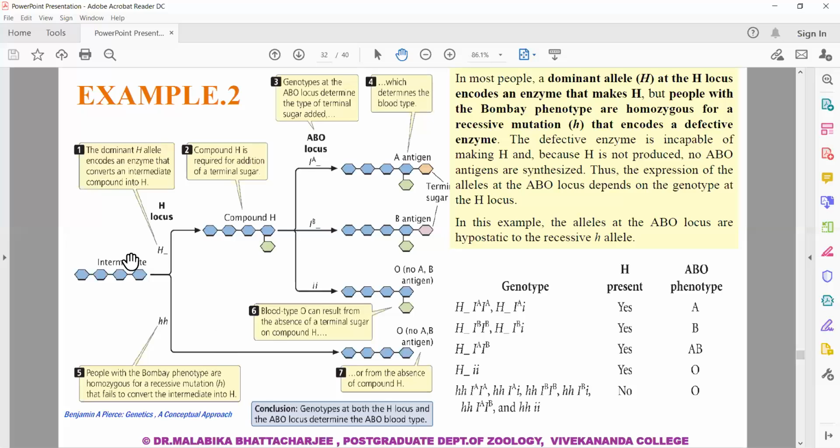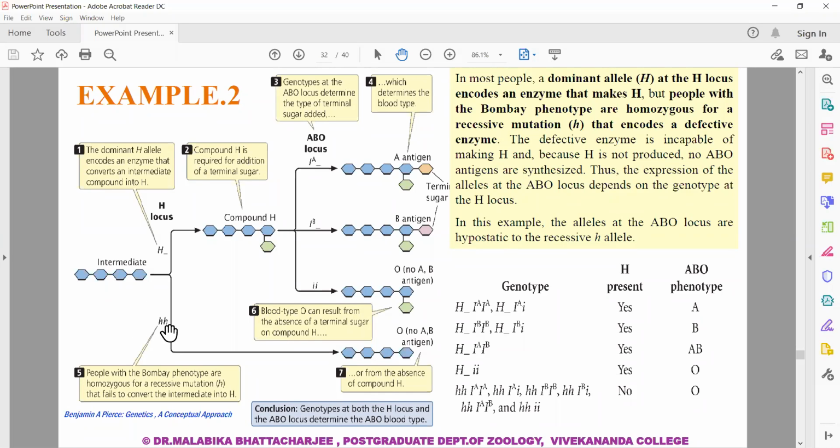As a result, what we get in the blood of those people is a similarity to the character of the O blood group, because neither the terminal galactose nor the terminal galactosamine has been added. So this is a picture that we observe in the O blood group, even if they may have an IA allele or an IB allele.